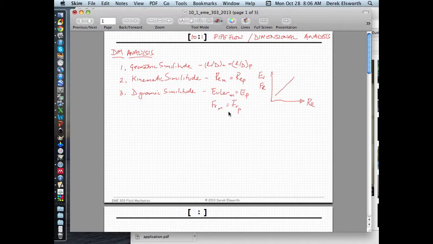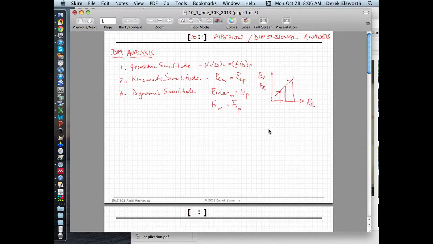If, for instance, there was one geometry in it, then we might be able to do experiments on the model at this flow velocity, and this flow velocity, and this flow velocity, in terms of Reynolds numbers. We could measure the forces on the structures, and we get these Euler numbers.